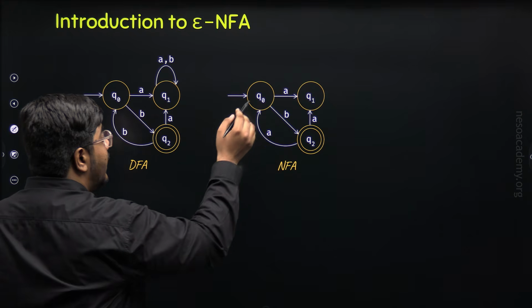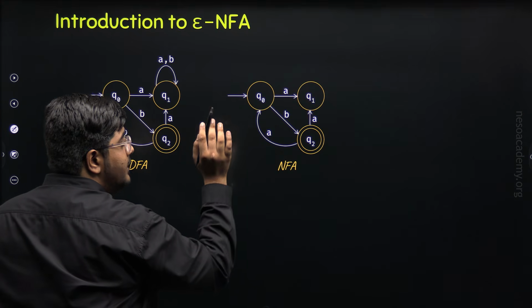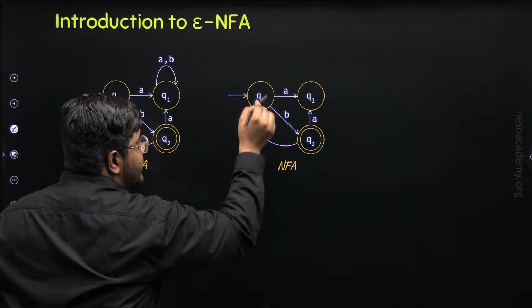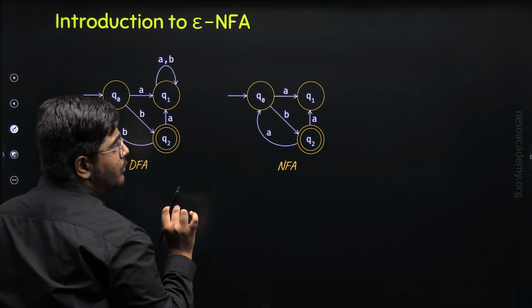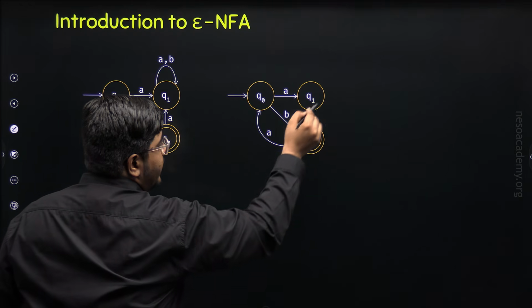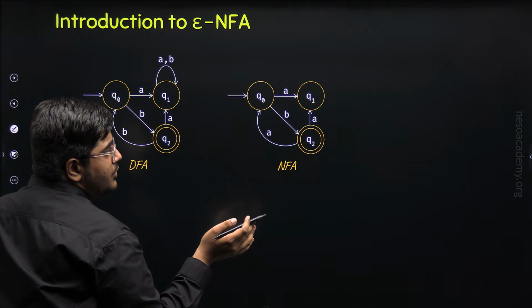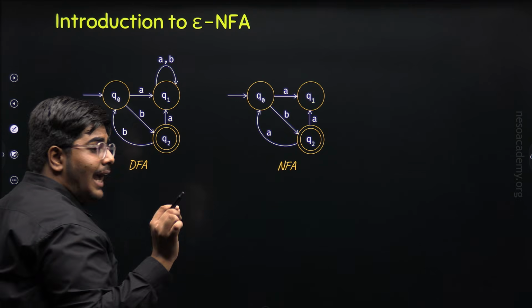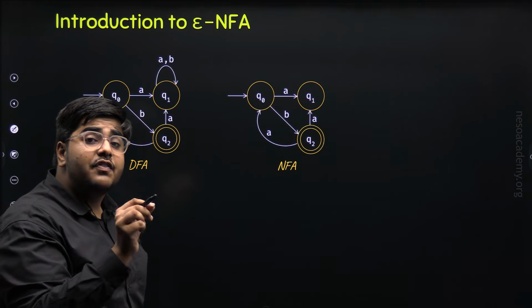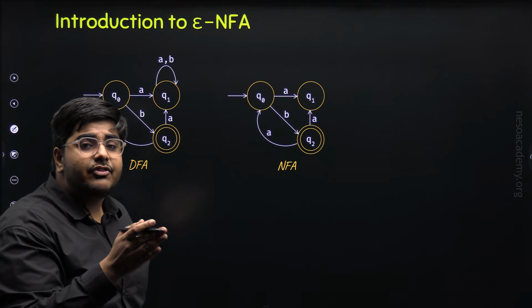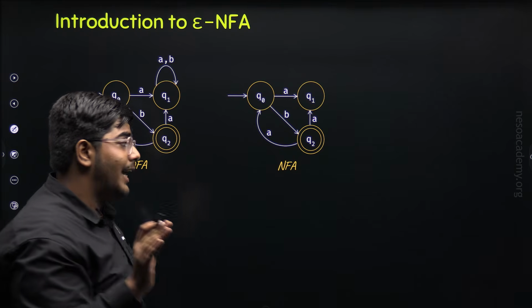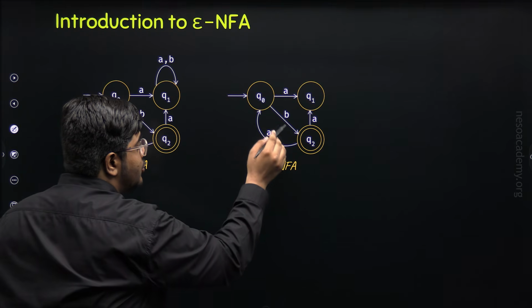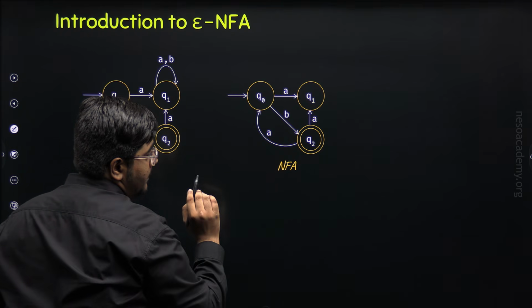Also, in case of NFA, it is not necessary that every state should have a transition for every input symbol. Like the state Q1 doesn't have a transition for input symbols A and B, so it is allowed in NFA. And like DFA, in case of NFA also, epsilon transitions are not allowed. That means every transition should be caused by an input symbol.